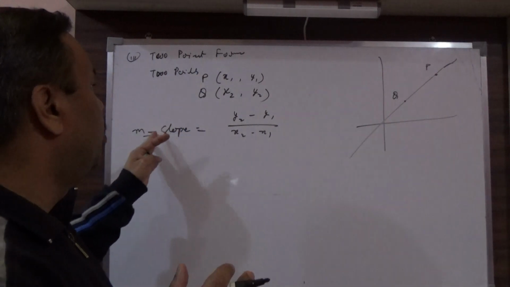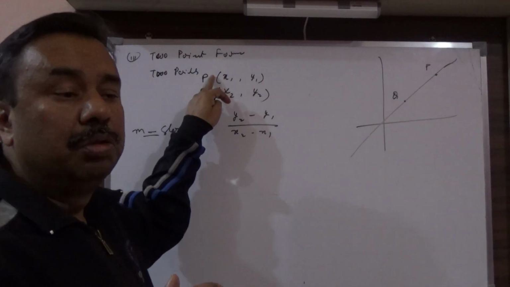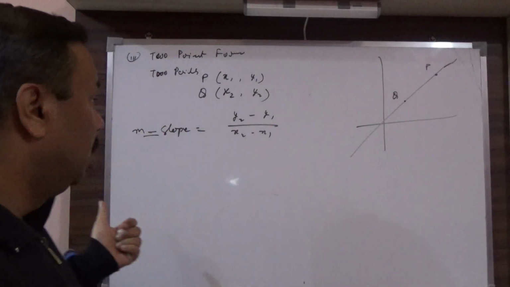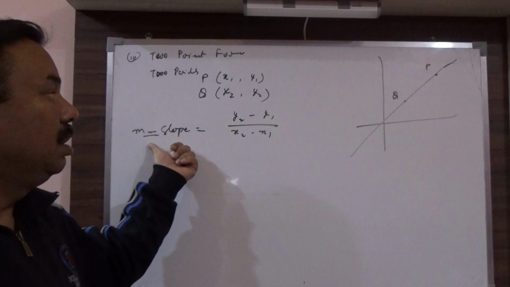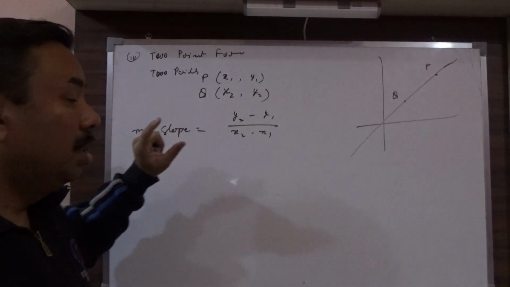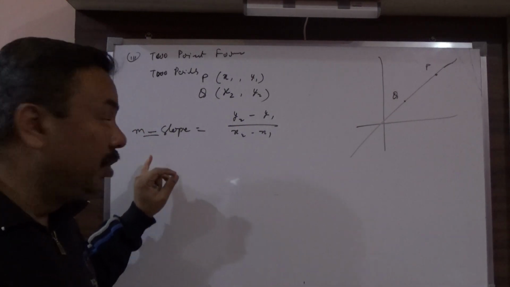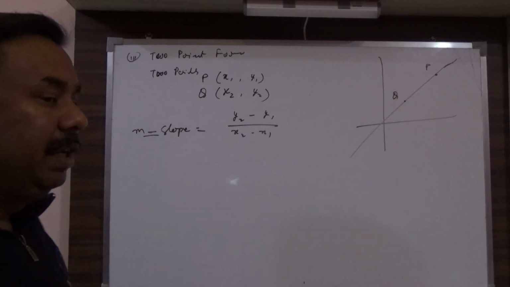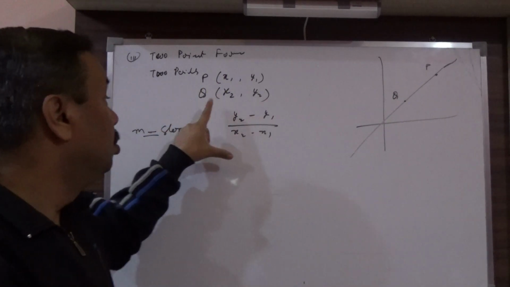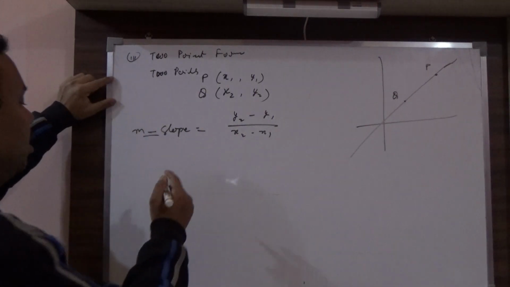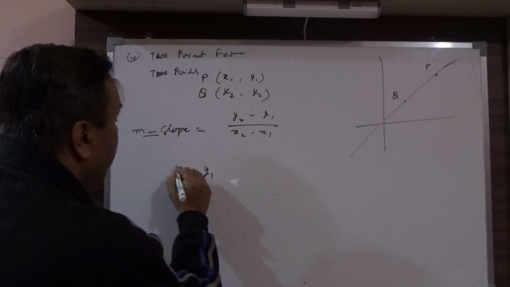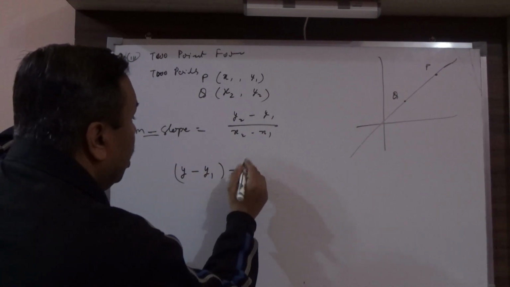Now take any one of the points and use the point slope form, the form that you know, because now you are having an additional information with you, that is m, which you have calculated. So I can easily use the point slope form with any one of the points. By using this, I can say y minus y1 is equal to, what is m?